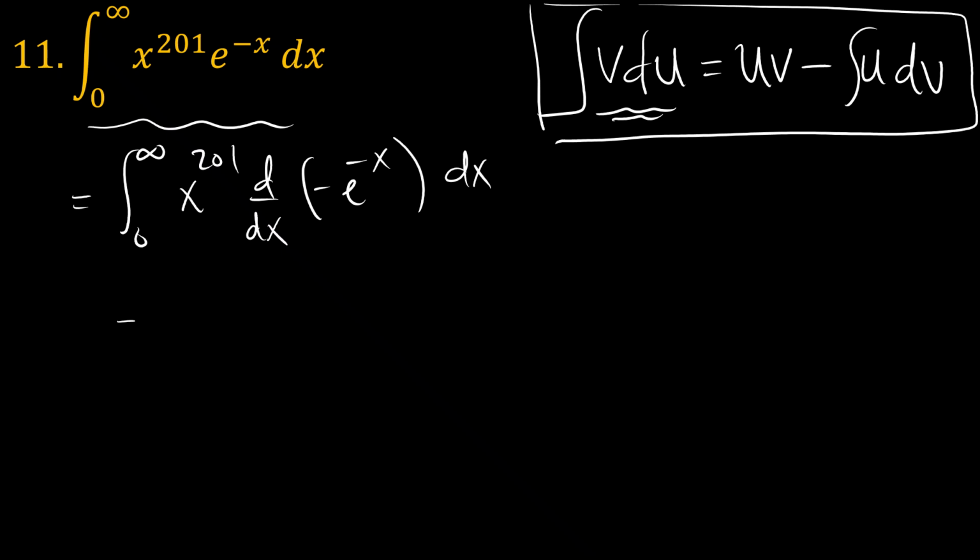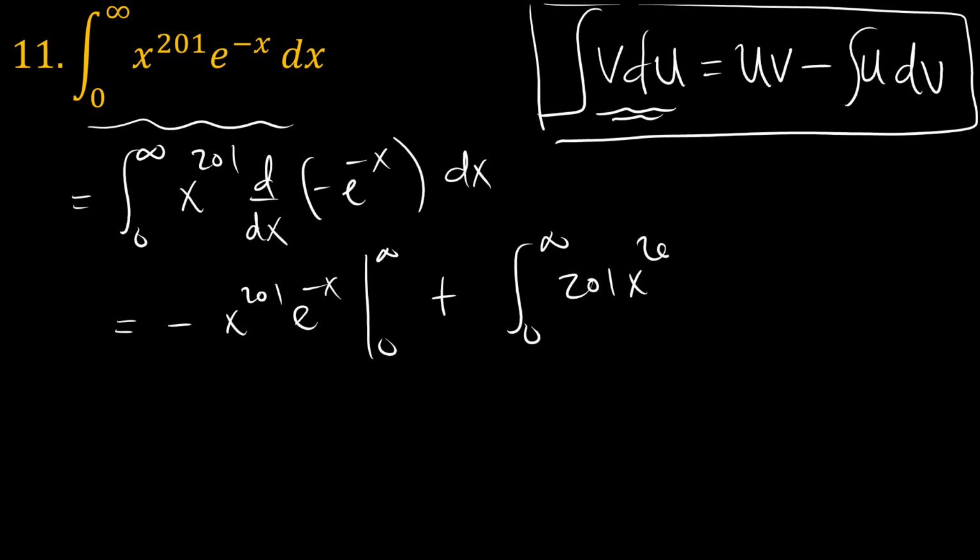Our uv becomes negative x to the 201 e to the negative x from 0 to infinity, plus the integral from 0 to infinity of 201 x to the 200. This is the derivative of function v, which is this e to the negative x.